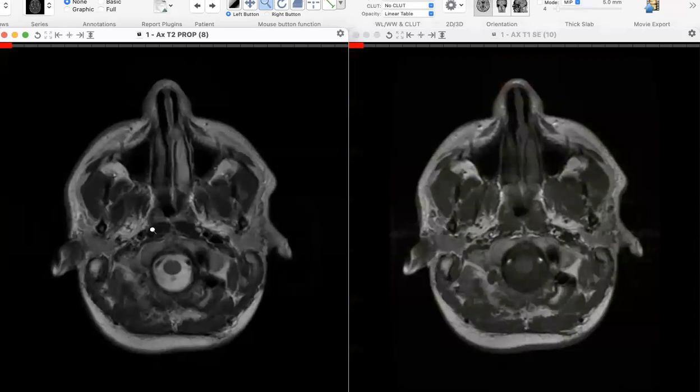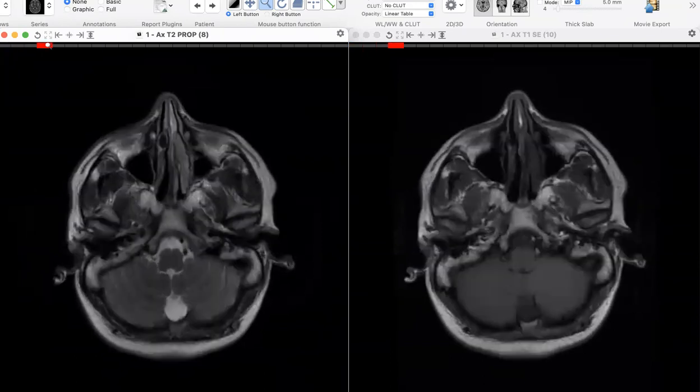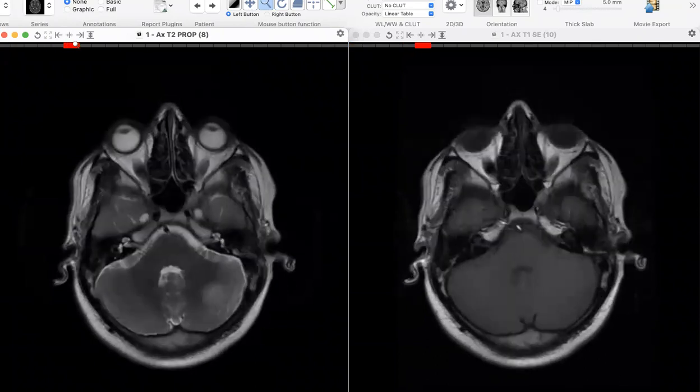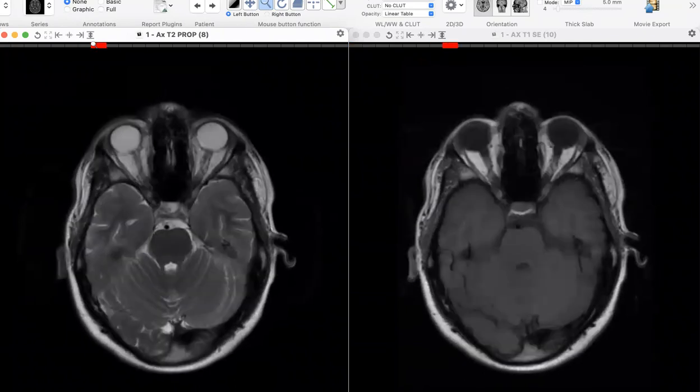So take back the control. I'm just trying to scroll through the images. I'll have an initial look at the MRI, and then I'm going to come back and sum up my findings.